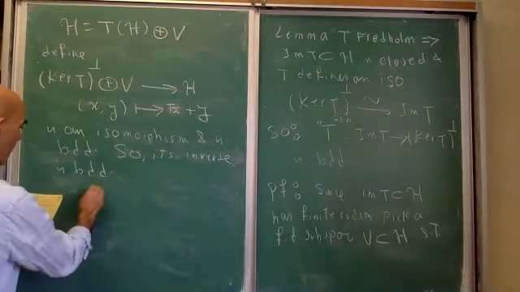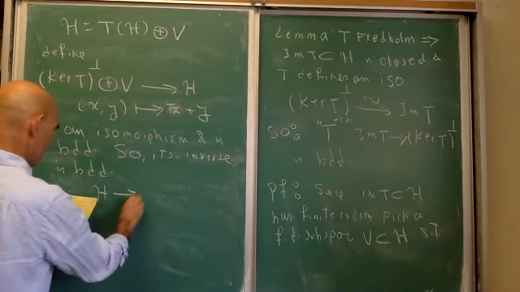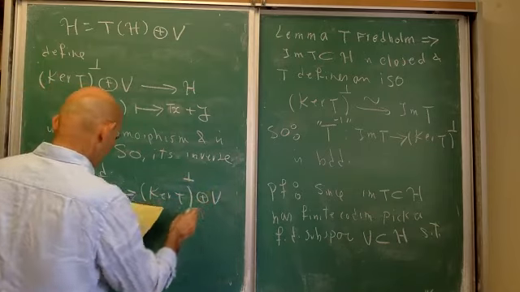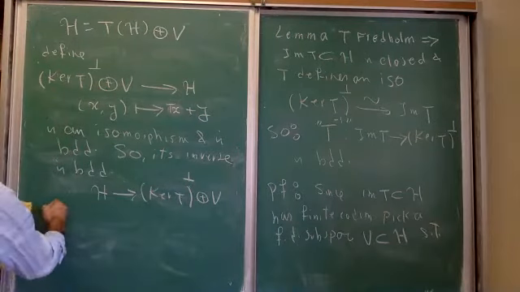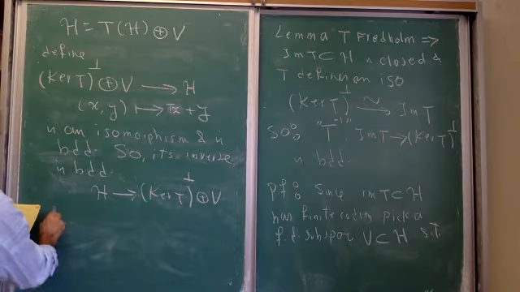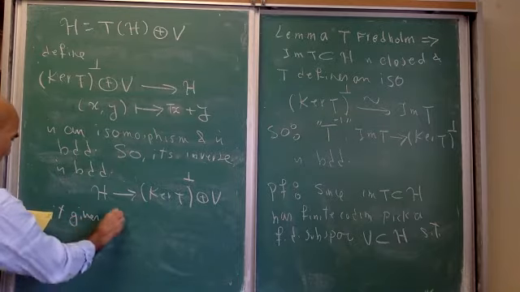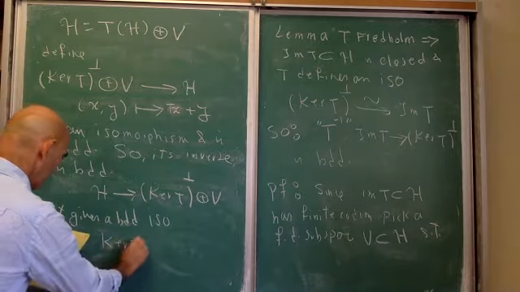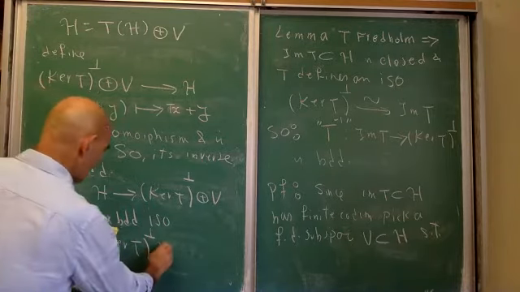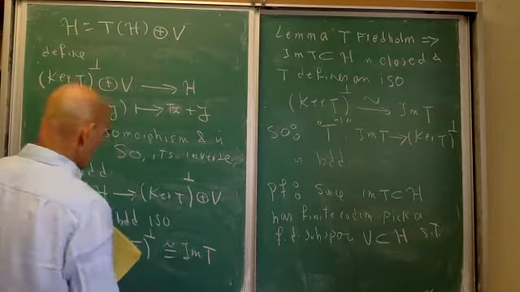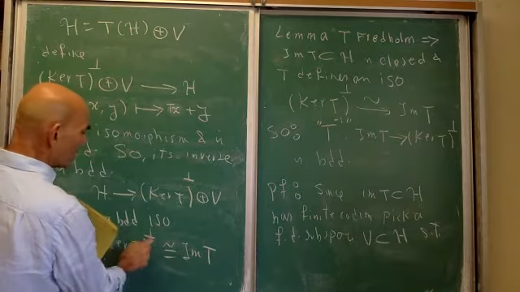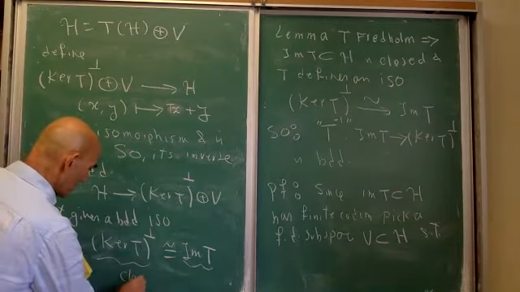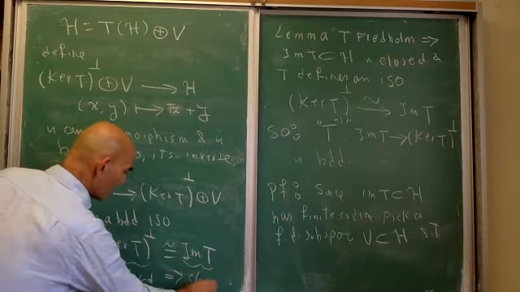So the inverse is going to be the map from H to kernel of T perp direct sum V. So it gives a bounded isomorphism between kernel of T perp and image of T. Because there's an isomorphism between these two subspaces by a bounded linear operator, and this is closed, it follows that this part is closed.